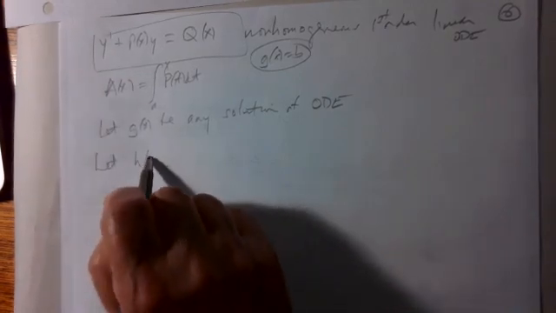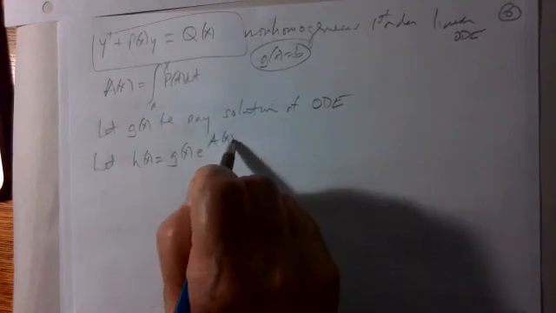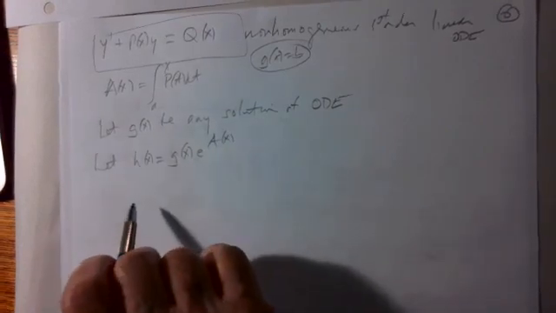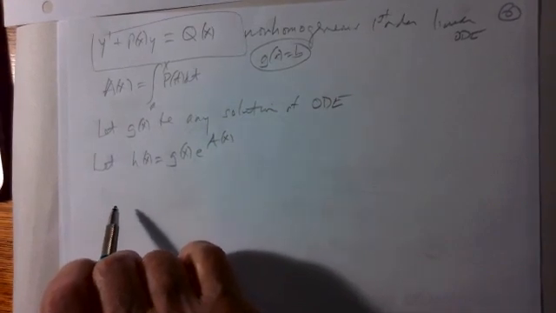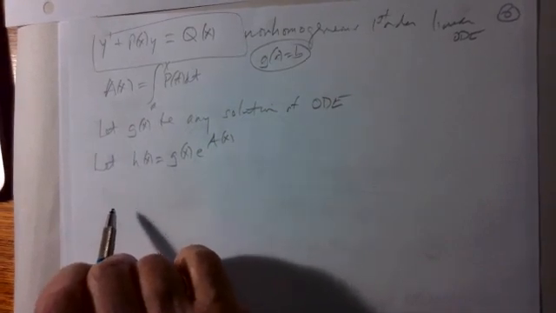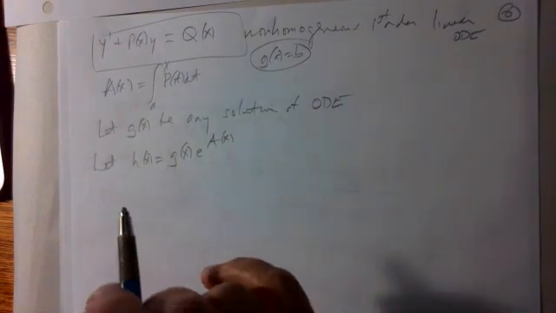Let h of x be equal to g of x e to the A of x. That's exactly the function we looked at in the proof earlier to show that the homogeneous equation had a unique solution. So let's look at this.